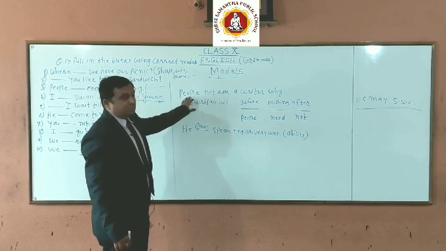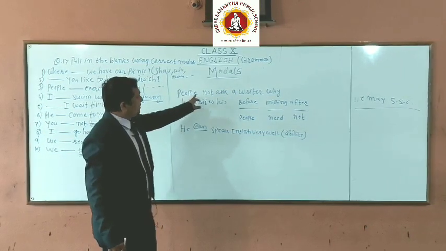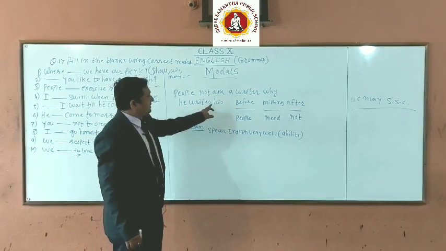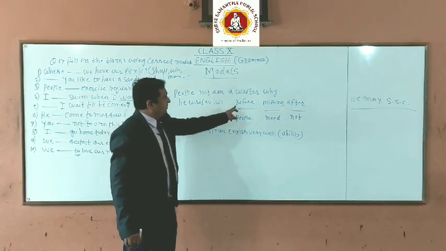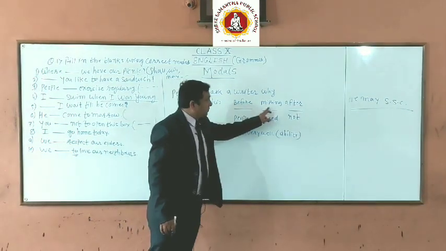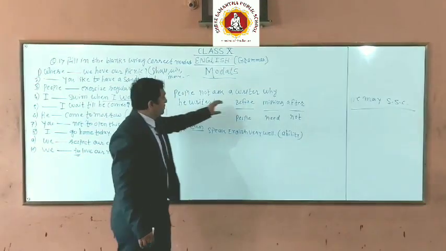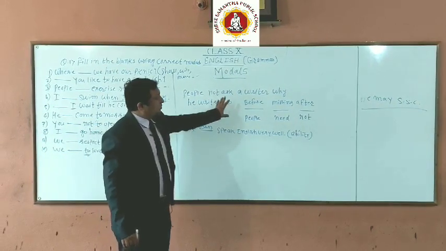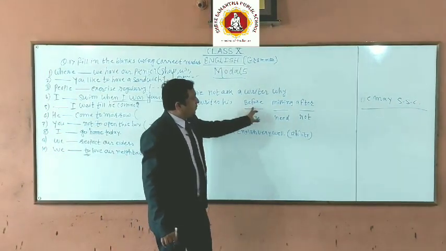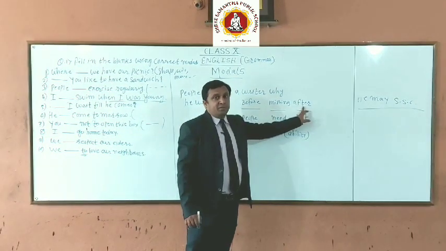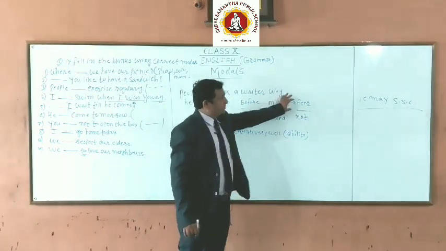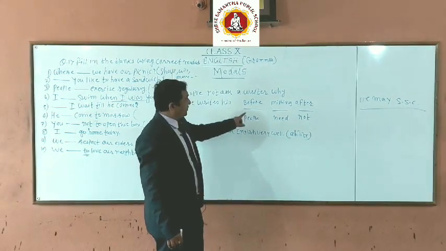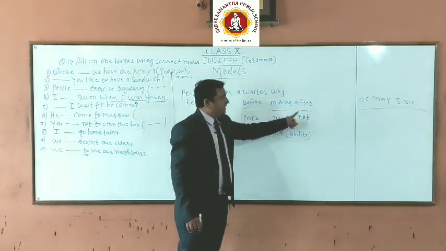Sometimes the questions may be asked in this way: People not ask a writer why he writes. One passage will be given, and in front of each line the words before, missing, after are there, and you have to write down the before word, the missing word, and the after word.